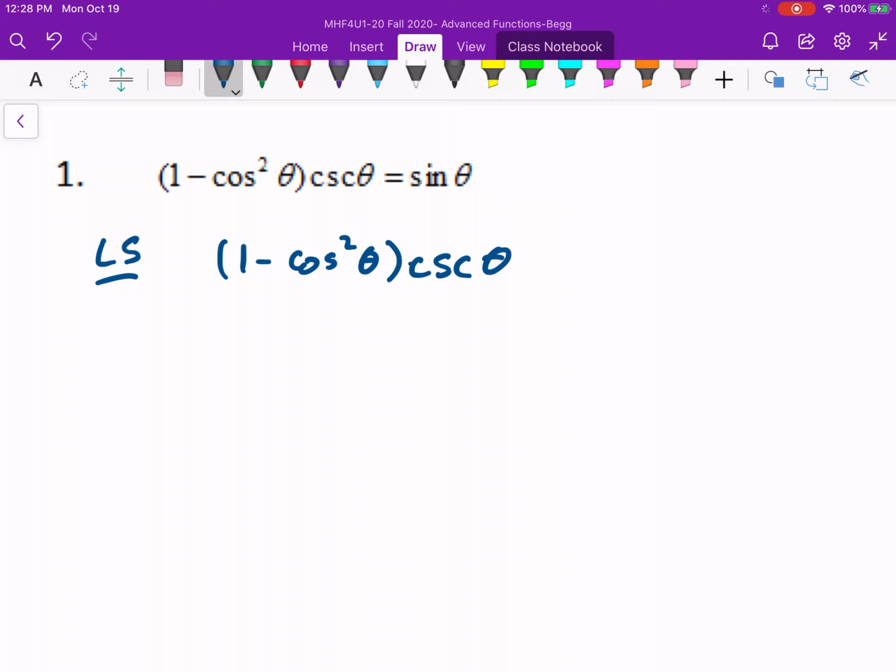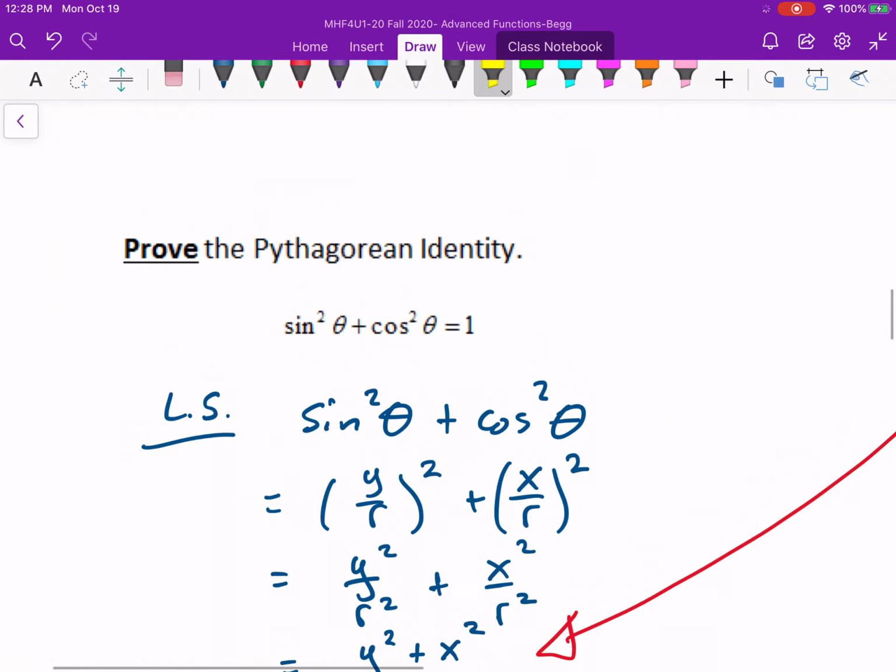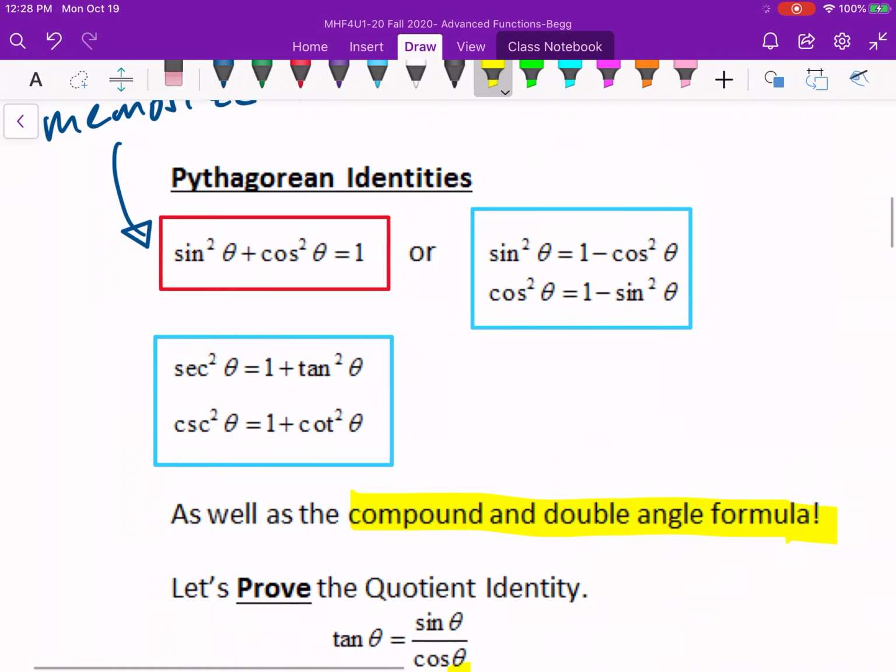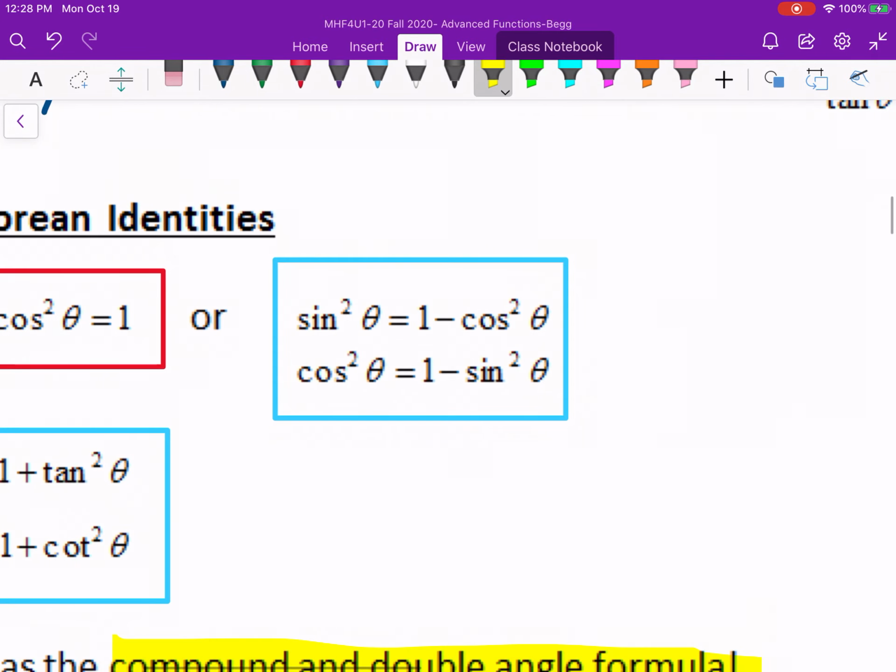Well, this 1 minus cos squared theta, I recognize as one version of the Pythagorean identity. If we go back up to the top, 1 minus cos squared theta, there it is.